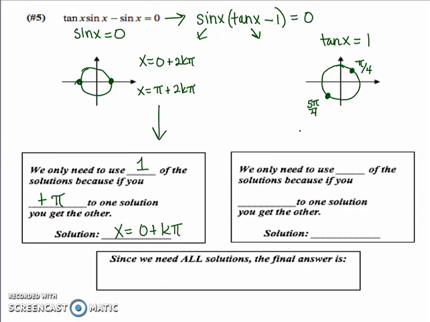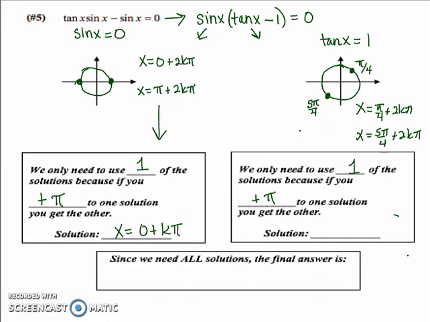But just like before, if we say our solutions are x equals pi over 4 plus 2k pi and x equals 5 pi over 4 plus 2k pi, it's not that that's incorrect, it's just that it's kind of overkill, because we again only need to use one of these solutions. If you add pi to one solution, you get the other solution, right?